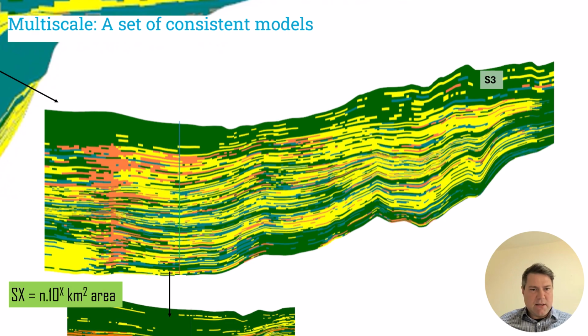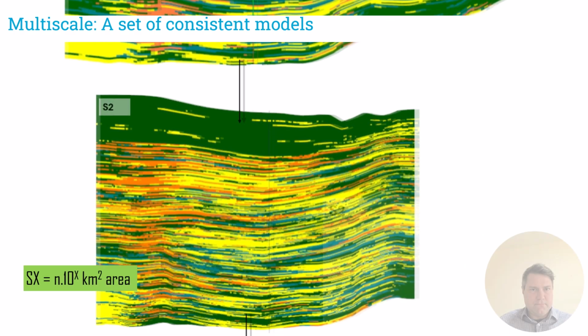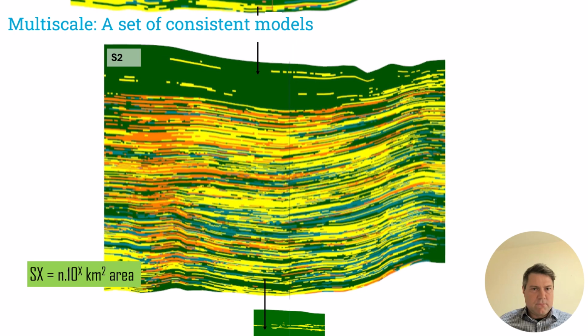Now we can see the heterogeneity level of the reservoir, and we can go to the project scale in which we can locate something like a dozen wells, which is the S2 scale.